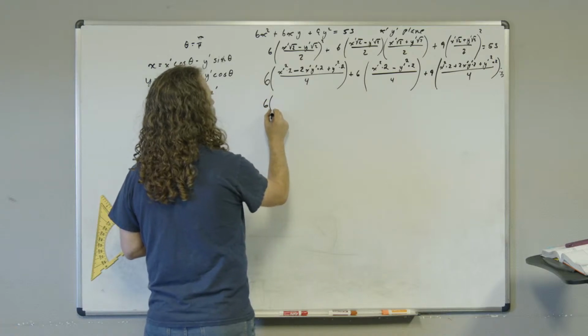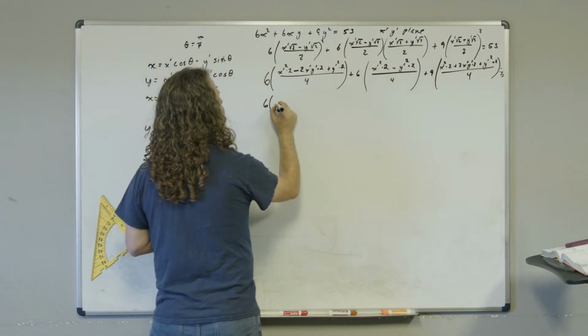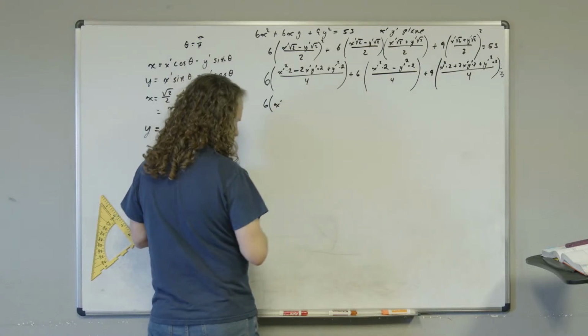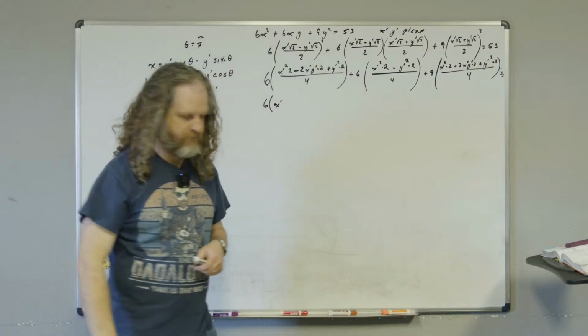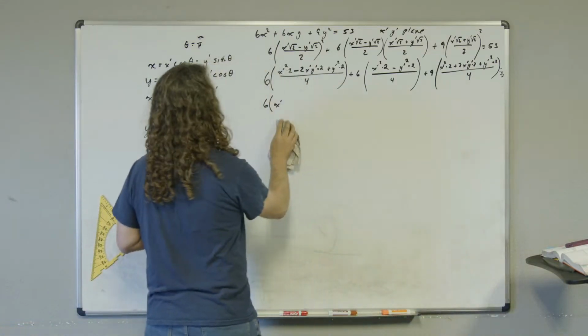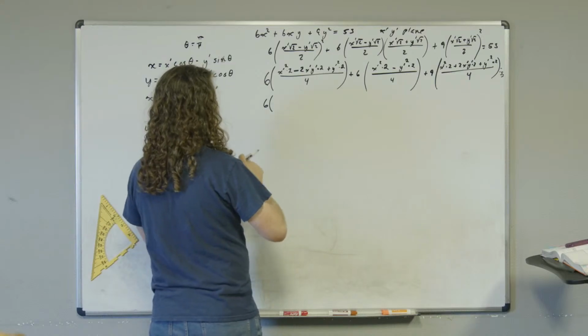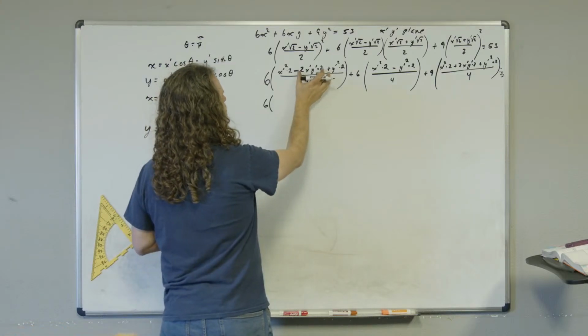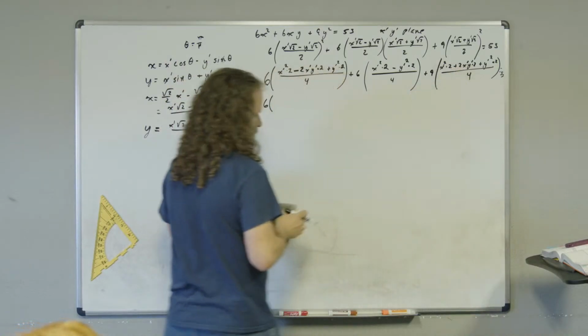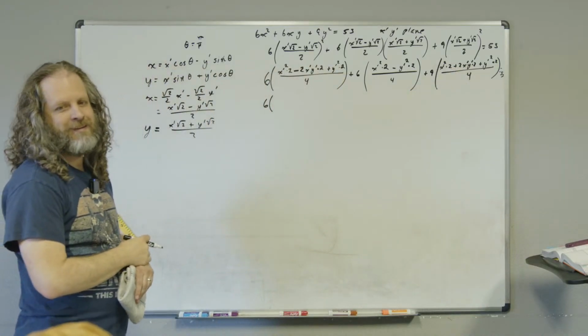6 times x prime, no, let's put the 2 in the front. So now you're just distributing. I'm not distributing, I'm multiplying negative 2 times 2 and positive 2 times 2. I'm just cleaning up the insides.